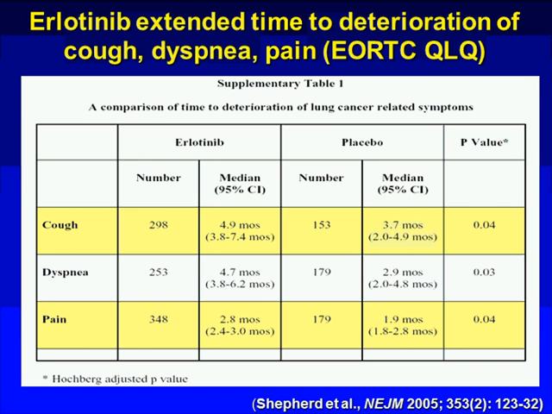So the patients on erlotinib had 1 to 2 months longer period before those symptoms got worse than the patients who were on placebo. All significant and all supporting, again, the clinical endpoint of improved survival in this case.